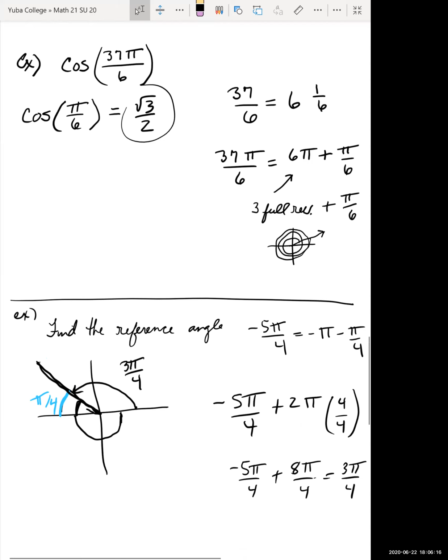So if you were to do it in degrees, it's negative 5 pi over 4 times 180 over pi. Exactly. And then I got negative 22. And then I added 360. Something's wrong. I think something's wrong there.